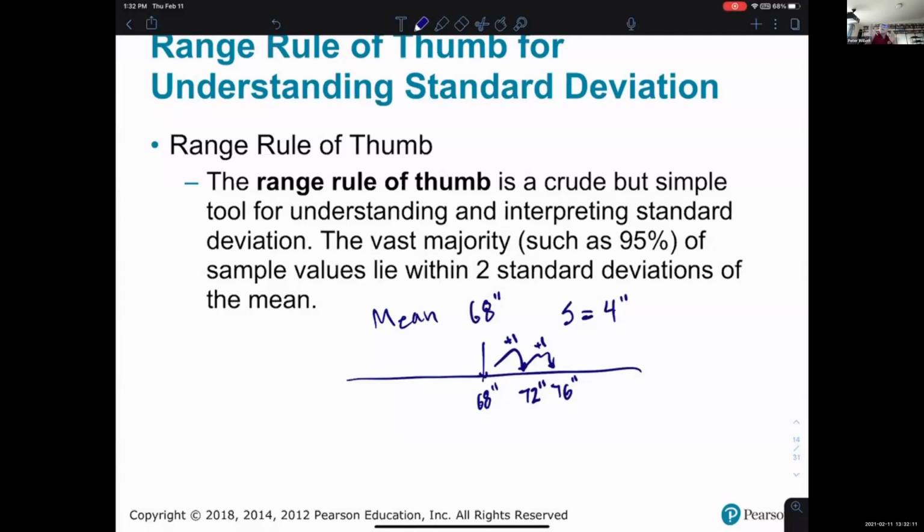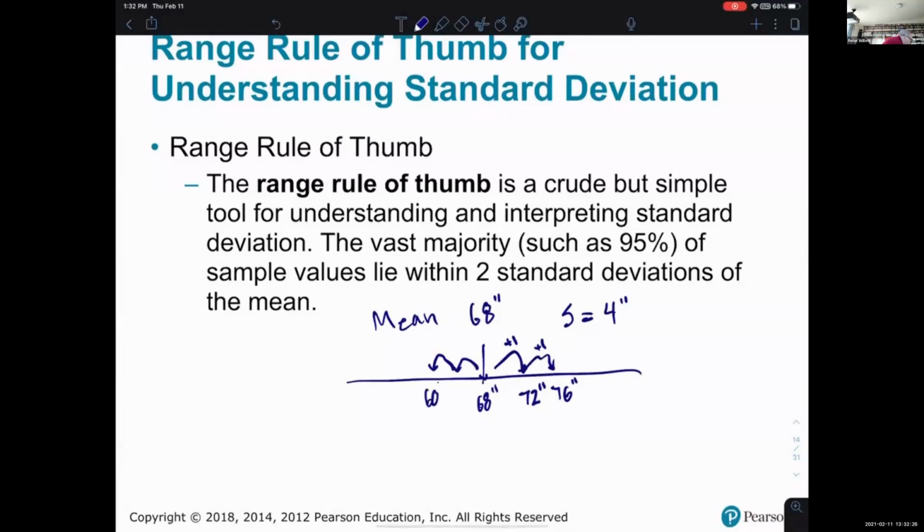So if I go bigger than 76 inches, then I'm more than 2 standard deviations above the mean. And similarly, if I imagine going below the mean 2 standard deviations, that would get me down to 60 inches. So 60 inches is 2 standard deviations below the mean.